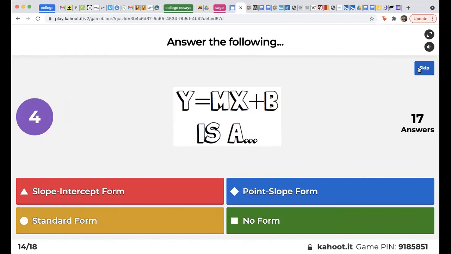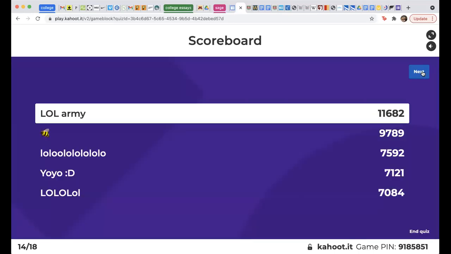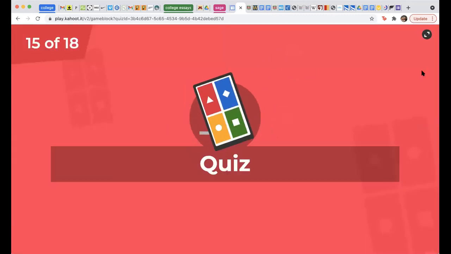Guys, y equals mx plus b is slope-intercept form. We talked about this in the second week. Okay, 4 more.